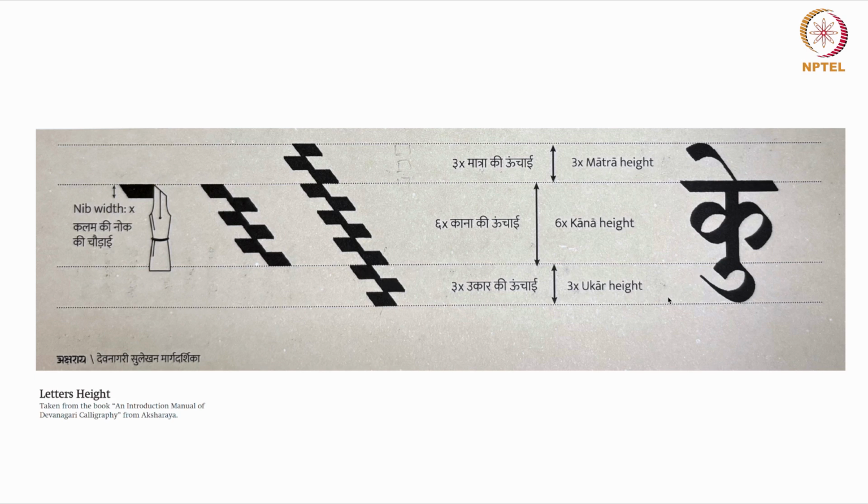But this is not something fixed. This can be changed depending on the requirement or the style you want to design. Clear? So if this is x, then this will become 6x, this will be 3x and 3x. So 3:6:3.